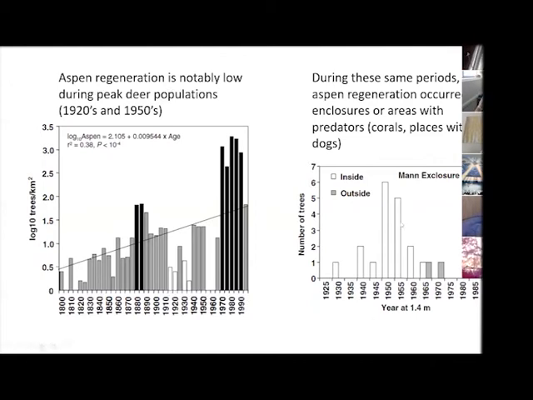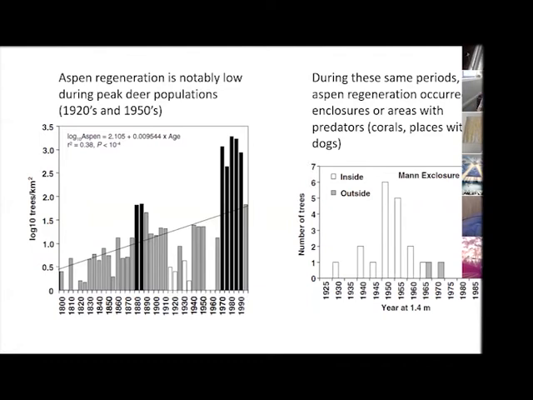And this is just a little bit of stuff. There was an actual enclosure. And during the period, what you can see here in the 50s and 60s is that you have regeneration in that enclosure. So this reduction in regeneration was not because of variation in climate or something.